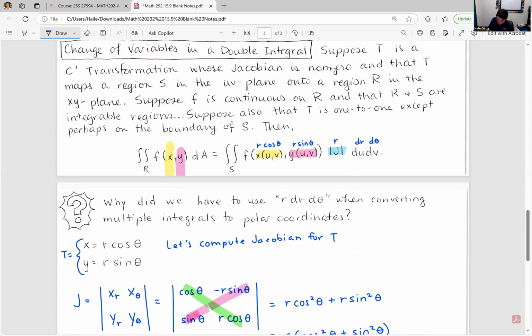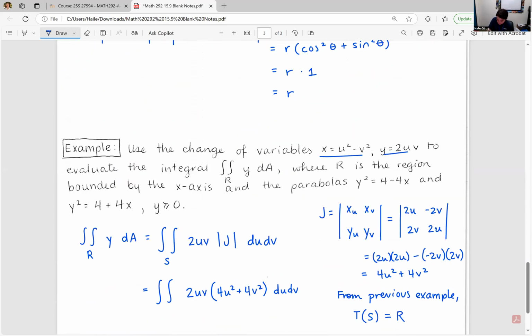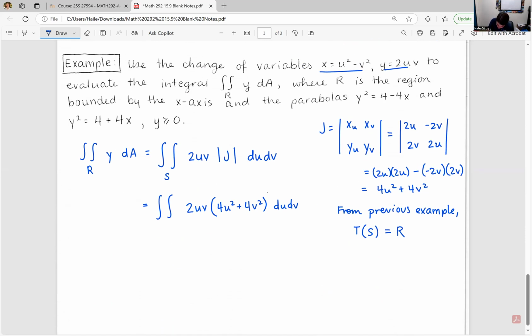So we know from before that the bounds on that square are just 0 to 1 cross 0 to 1. So it's a rectangle or a square, right? And both intervals are 0 to 1. So the bounds on my integral then are 0 to 1 for both of my integrals.